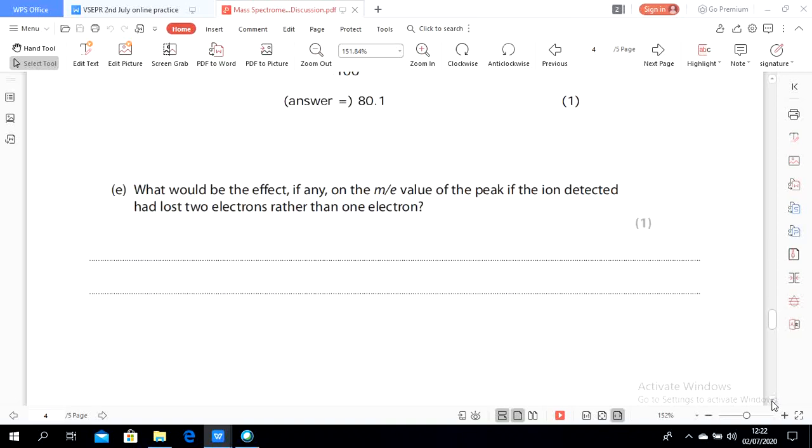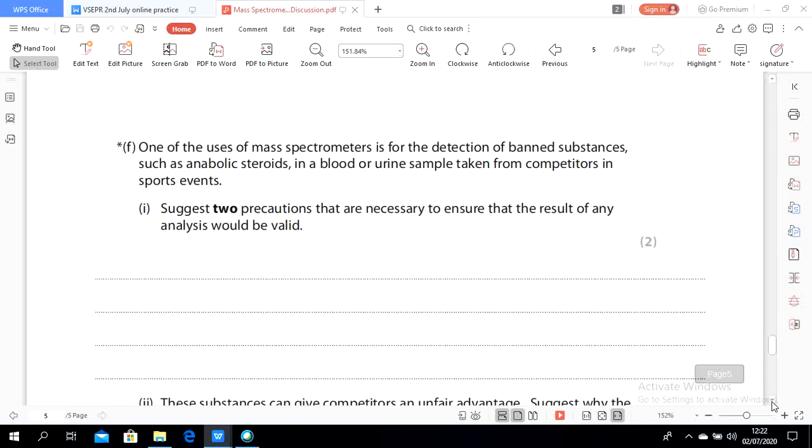Okay. Next, one of the uses of the mass spectrometer, we are on the last page. The mass spectrometer is used for detection of banned substances such as anabolic steroids in blood and or urine samples taken from competitors in sports events. Suggest 2 precautions that are necessary to ensure the result of any analysis would be valid. On precautions, we have to keep the sample sealed.